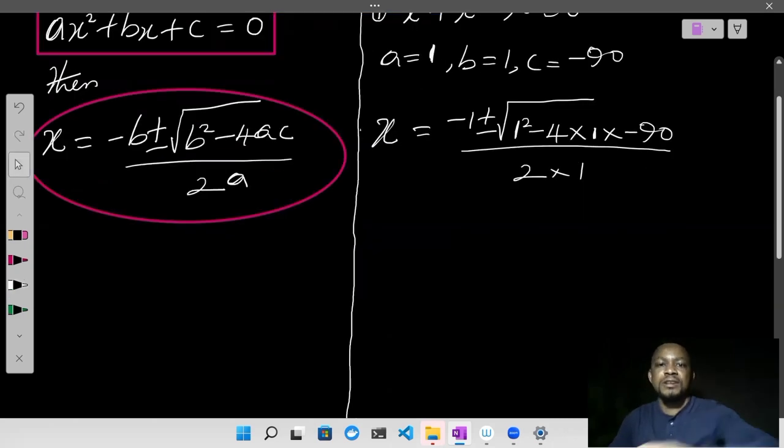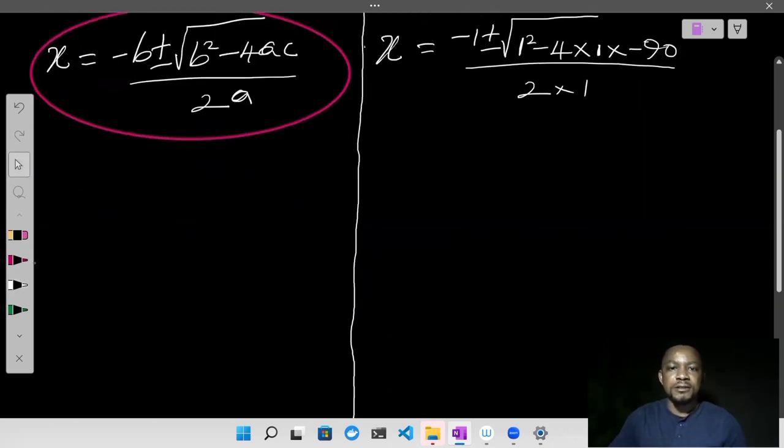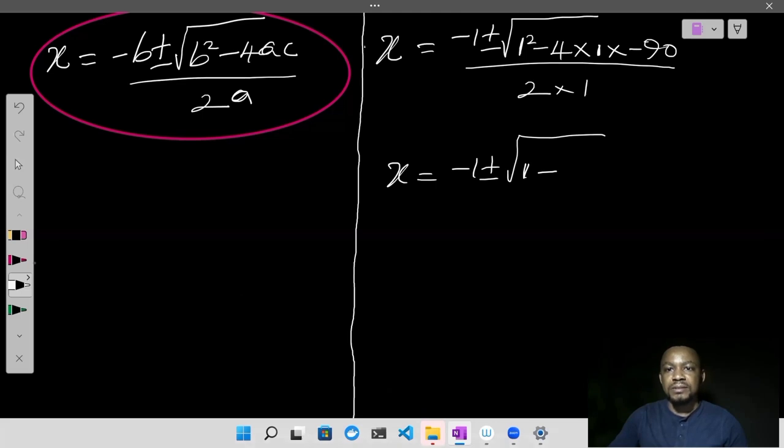If we do this, we'll have x as minus 1 plus or minus the root of 1 squared, which gives us 1, minus 4 times 1 is minus 4, times minus 90. So this minus will cancel that minus, and 4 times 90 gives us 360, all over 2.